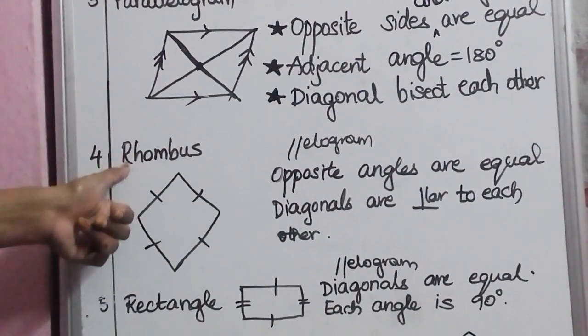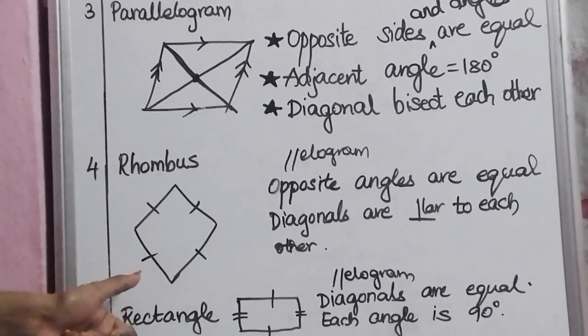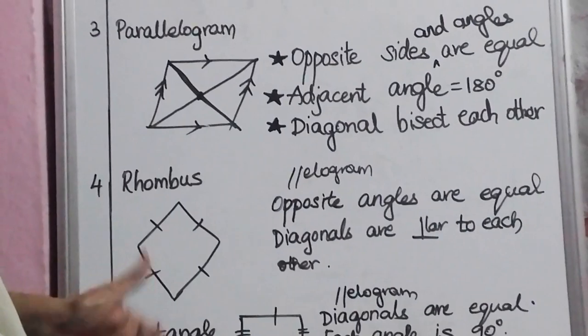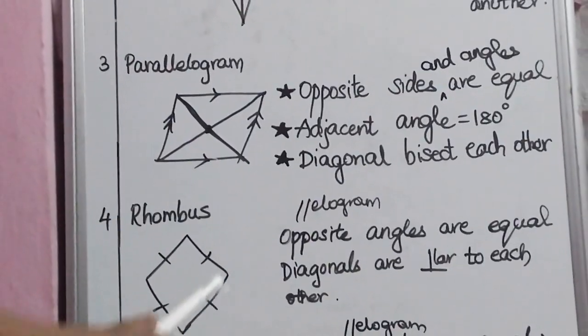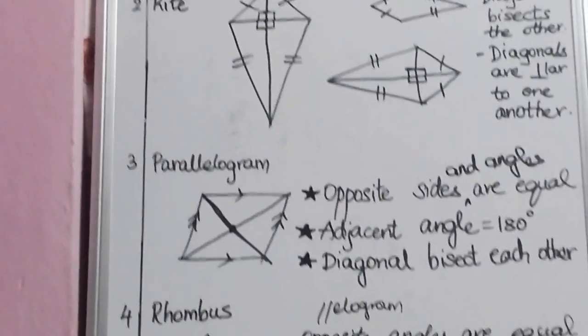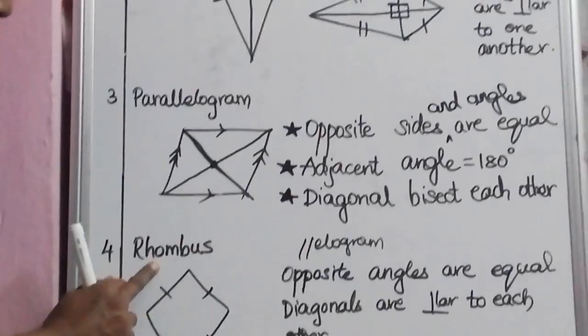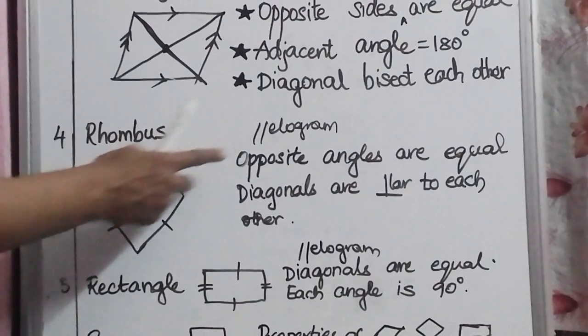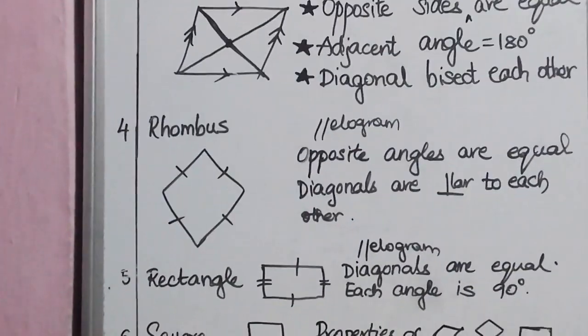Now coming to rhombus. Rhombus is looking like a kite, but it's not a kite because for a rhombus all the sides are equal. This is a rhombus. Now rhombus is going to have all the properties of the parallelogram. It satisfies the properties of a parallelogram.